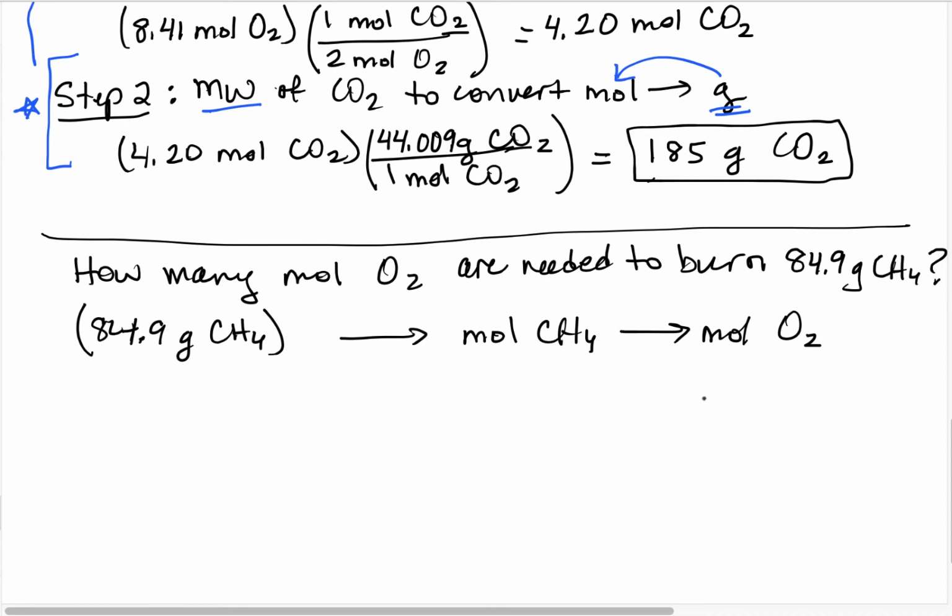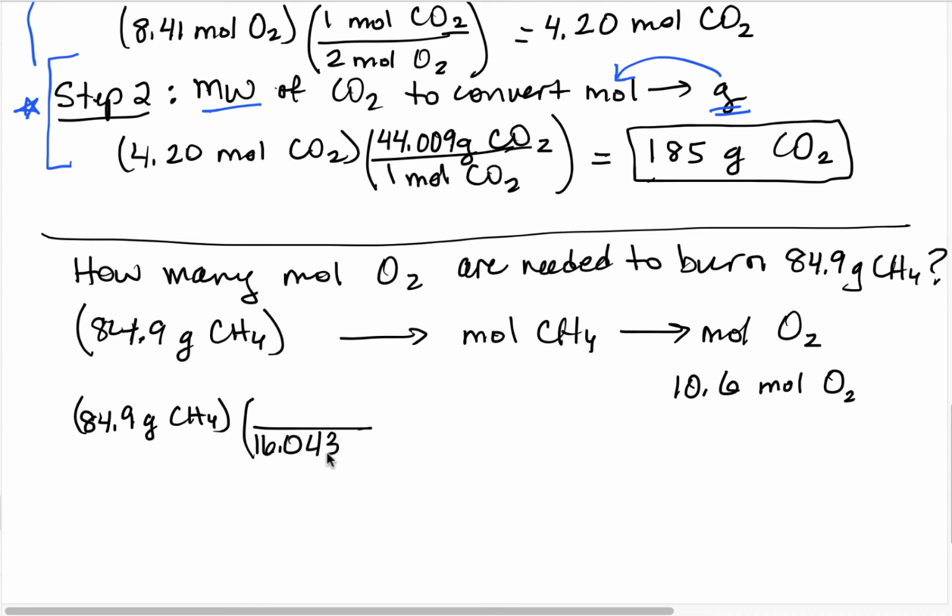Okay, you should have found that we need 10.6 moles of O2 in order to do this combustion reaction. So I'm going to go ahead and write these steps out just in case you need it. Our 84.9 grams of CH4 has a molecular weight of 16.043 grams of CH4 to 1 mole of CH4.